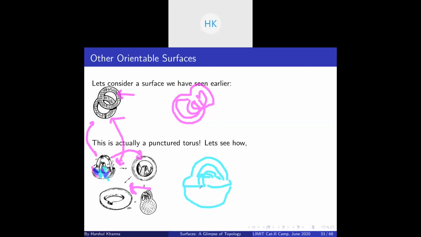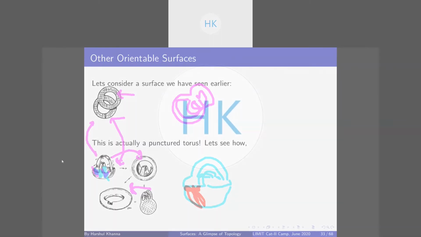My diagram is not really clear, but basically what you do is this part you start bringing down smoothly and you reduce it. This part, similarly for this part.